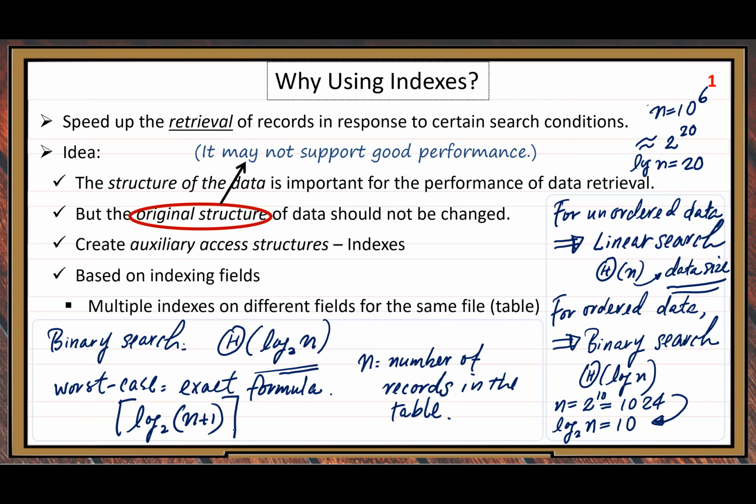Because when you have n equals 2 to the k minus 1 records, this formula would give you the number of comparisons, k, in the worst case. Because n plus 1 is 2 to the k, then take log base 2, you get k. But if you do not use the plus 1, then you have k minus 1, not k.